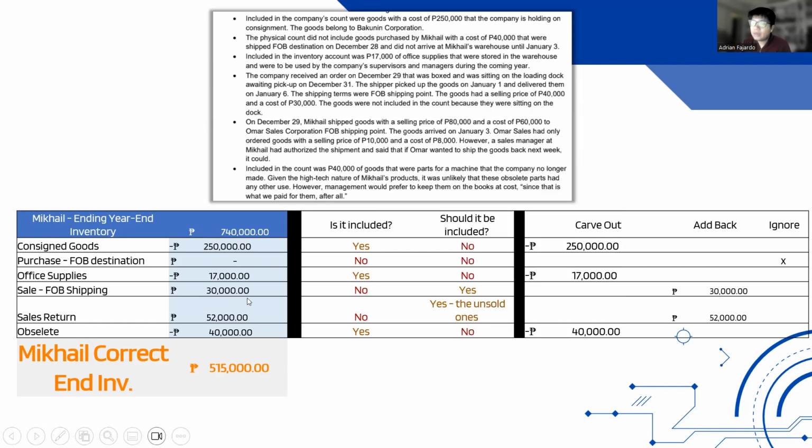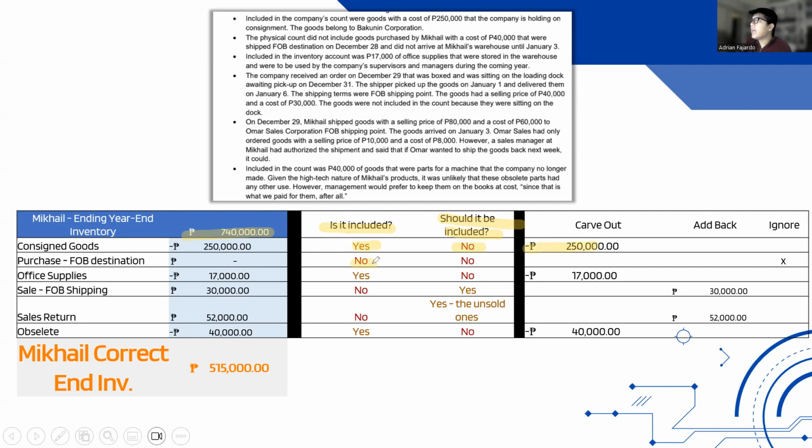So, again, to summarize, pag inventory inclusion, the framework lang would be, first, take note of ano ba yung ni-record niya, 740,000. Then we ask ourselves, in-include ba niya? Yes or no? Next is, should it be included? Yes or no? And then depending on the interaction, we either carve out, add back, or ignore. Kapag in-include niya, and dapat hindi naman, we carve out.